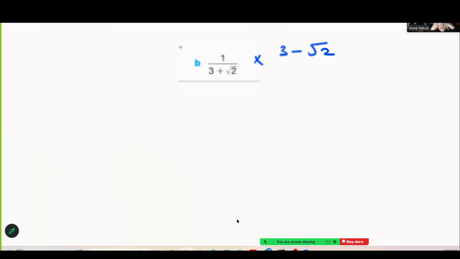For rationalizing, there is a square root in the denominator. We need to get rid of this. What should I do? Multiply with 3 minus square root 2, both numerator and denominator.